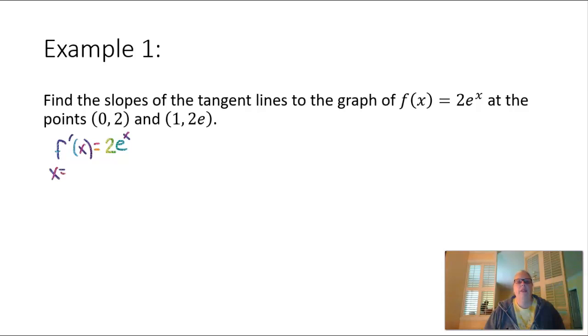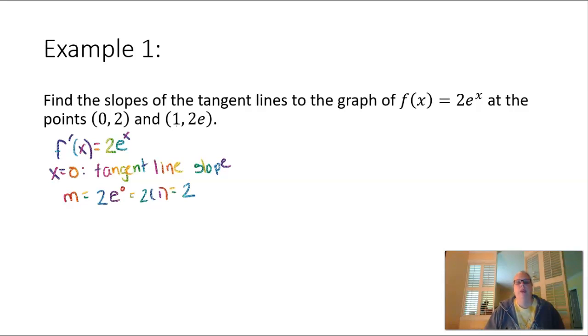When x is equal to 0, so we're doing it for this point right here, the tangent slope m will be equal to 2 times e to the 0 power, or 2 times 1, or 2.